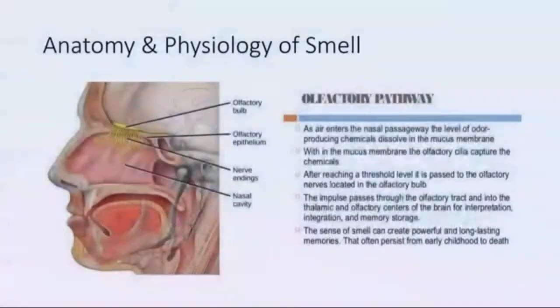So where exactly in the brain does this happen? In the brain, you see, this nerve goes right ahead superiorly into the base of the temporal lobe, where we've got some olfactory centers, and then other tracts are going to go to the thalamus, where we've got the thalamic centers as well.